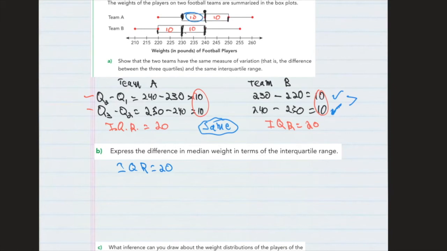This range and this range, and this one and this one, those are both 10. So when we want to answer this one with a sentence, we would say the difference in median weight between the two teams is half the interquartile range.